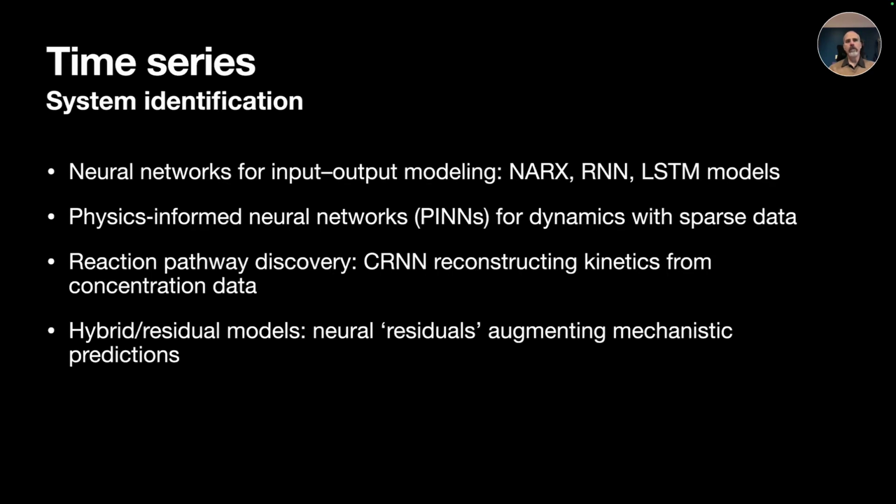Another thing that's quite interesting is this chemical reaction neural network that recovers reaction kinetics from concentration data. So in this case, you are trying not to get to a kinetic model that looks like a simple kinetic model, but it does enforce mass action or Arrhenius laws during the training.